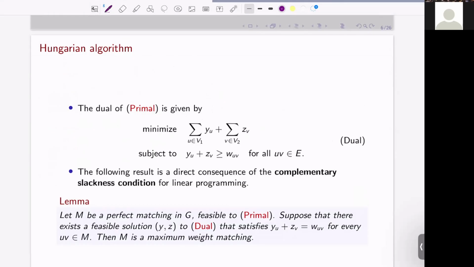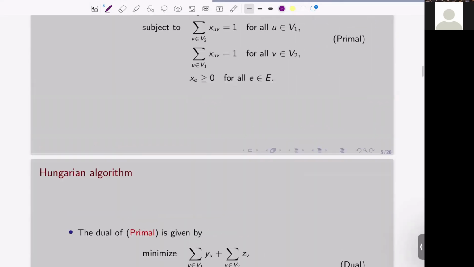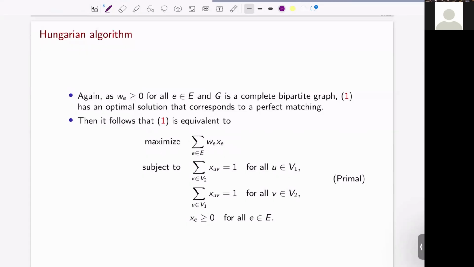So let's say there's a perfect matching. Okay, and if you go back to this primal formulation, if you take just a matching that is not perfect, then that's not a feasible solution to this linear program, right?